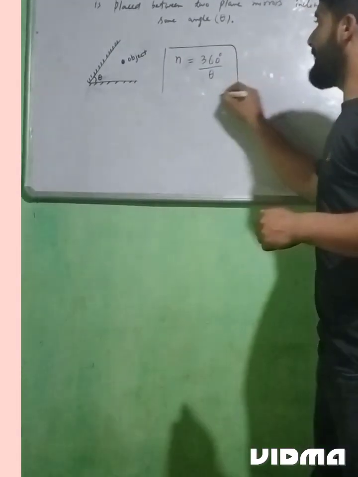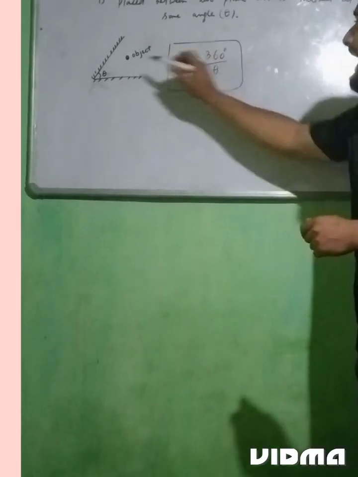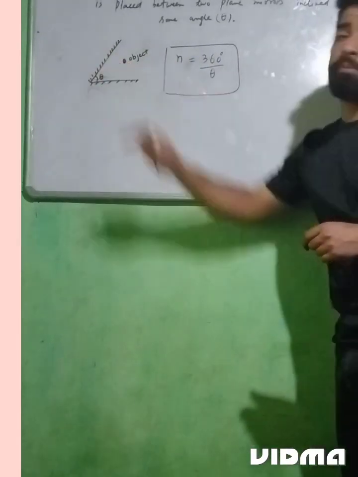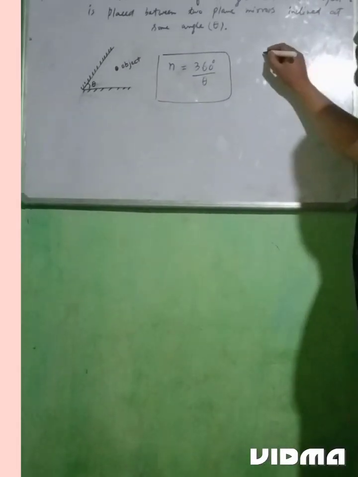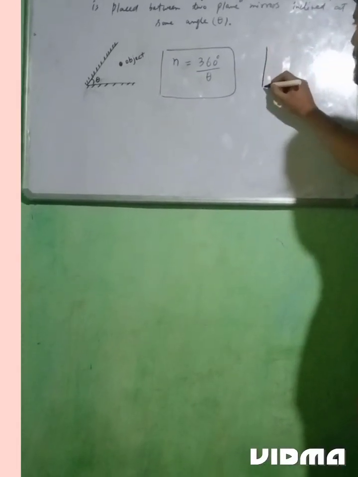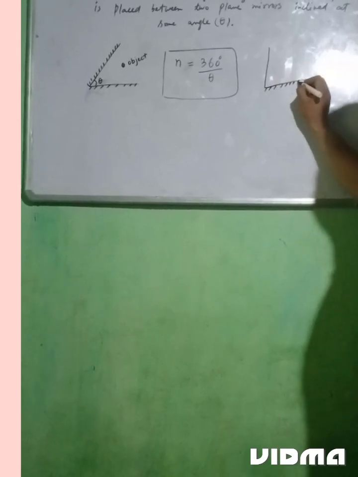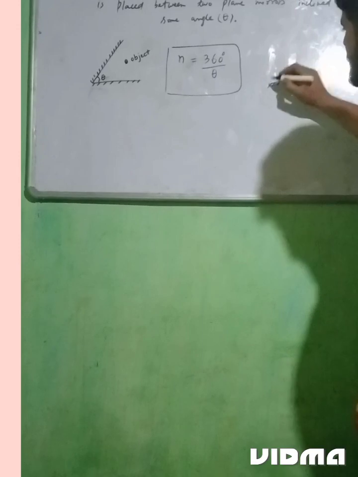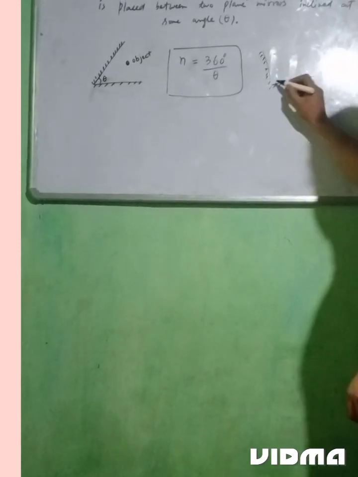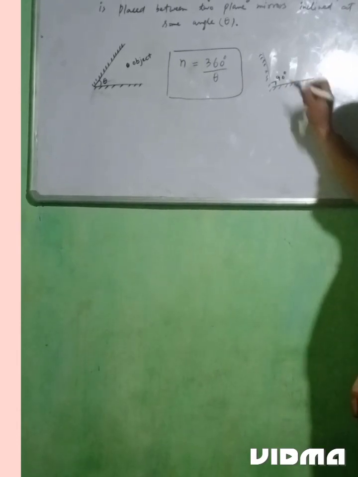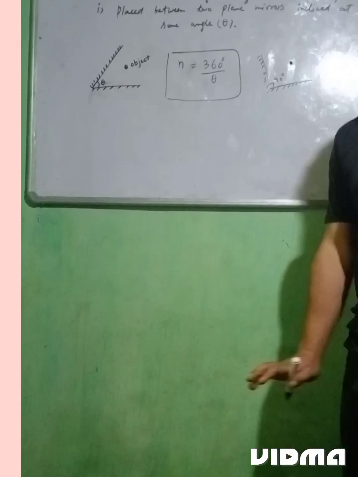हम ये फॉर्मूला लिखते हैं n is equal to 360 divided by theta. Theta is the angle between these two plane mirrors. For example, we have two plane mirrors inclined at 90 degree and an object is placed in between them.